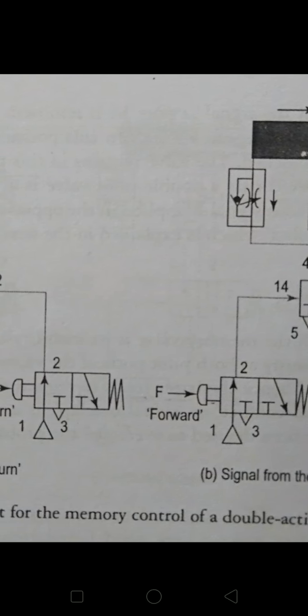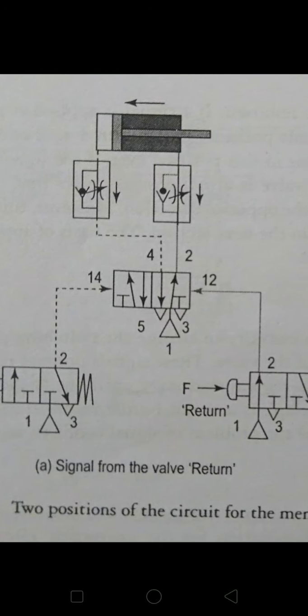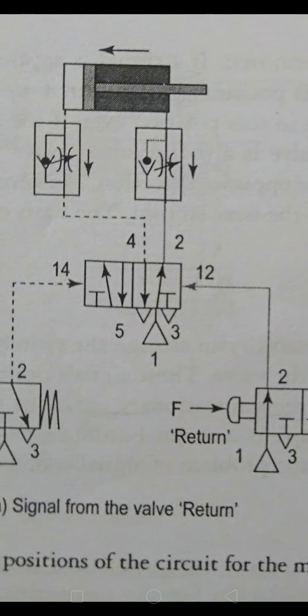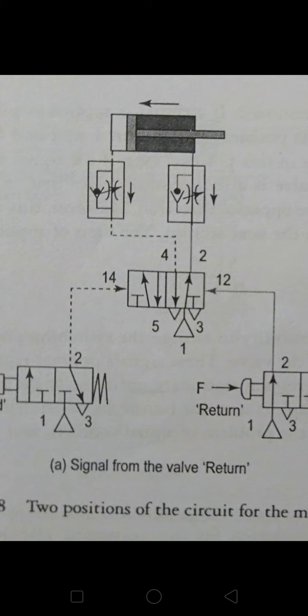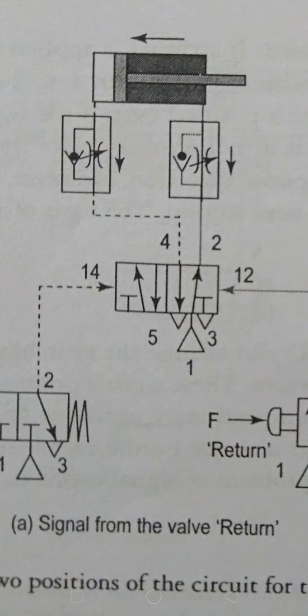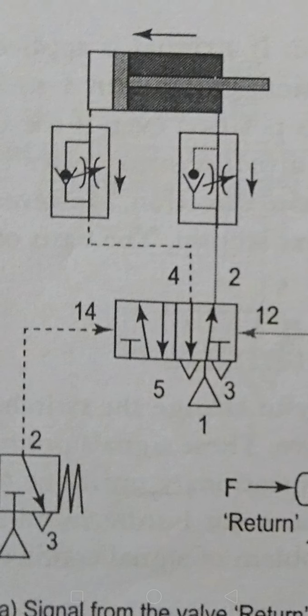And when you are applying this return motion here, now 1 is connected to 2 and 2 is connected to the pilot port 12. So through pilot port number 12 the signal is initiated, and 1 is connected to 2, and through this throttle control valve the air moves to the right port of the piston and it will move the piston towards the left.